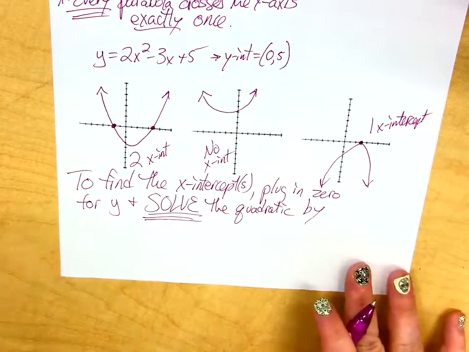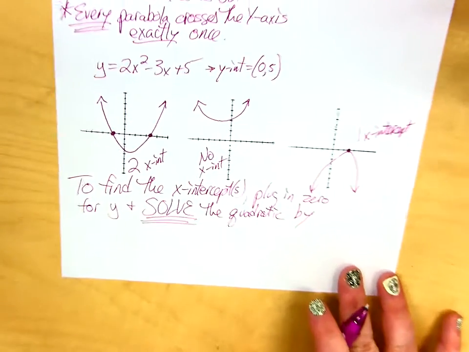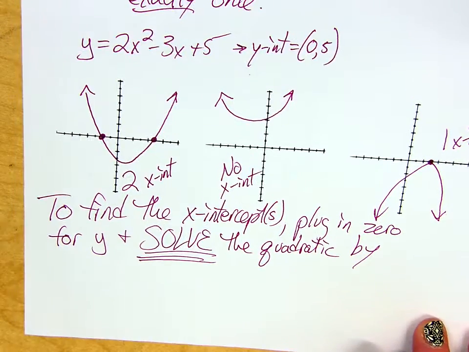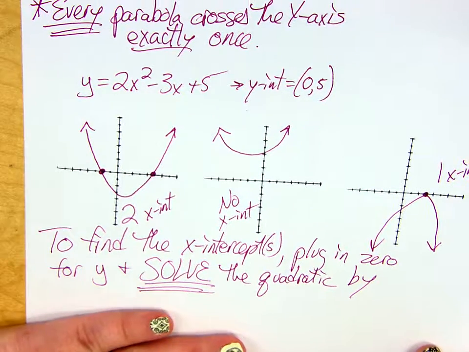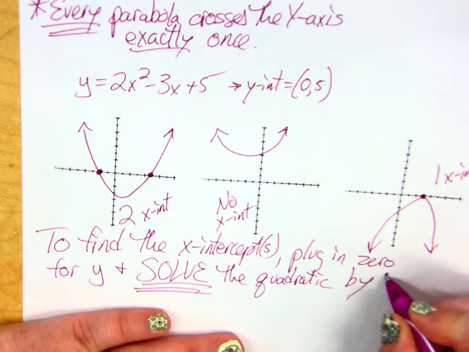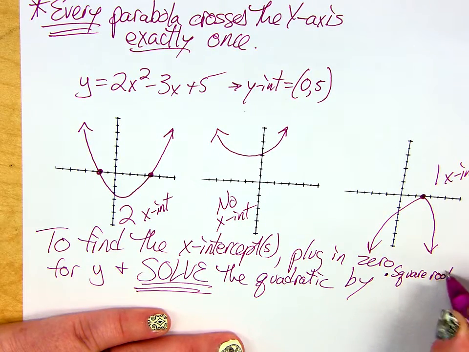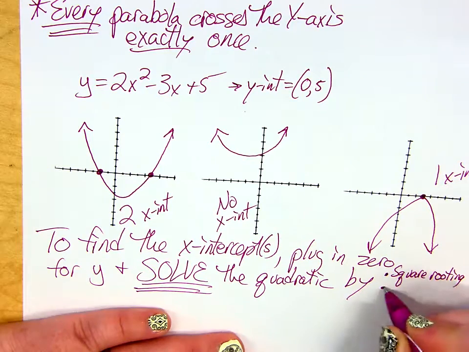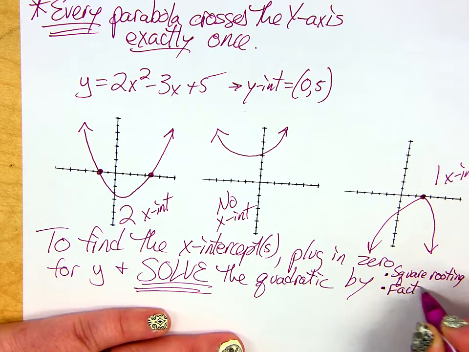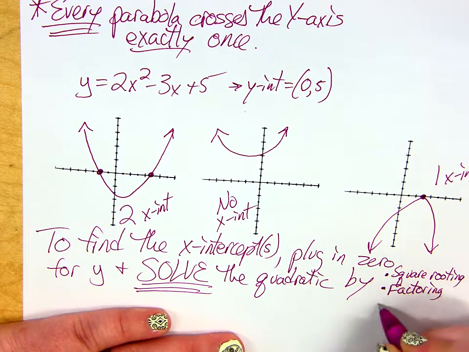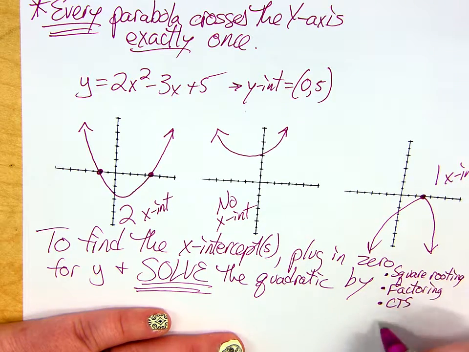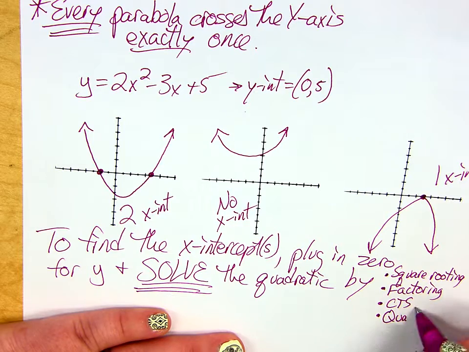You have 4 different ways to solve quadratics. You can do square rooting. You can factor. You can complete the square. Or you can do the quadratic formula.